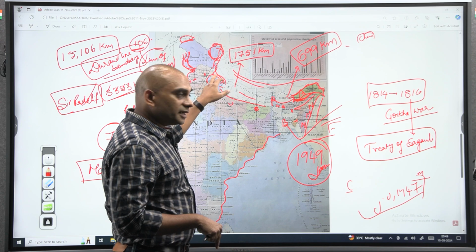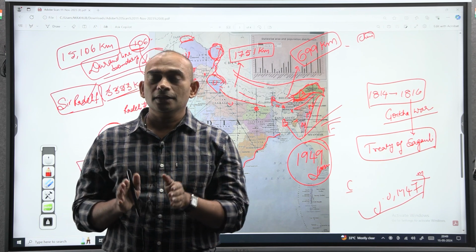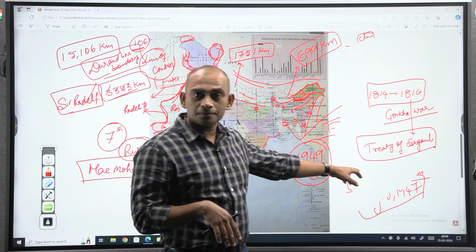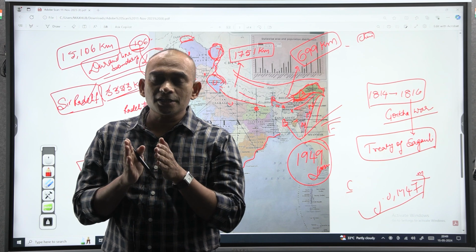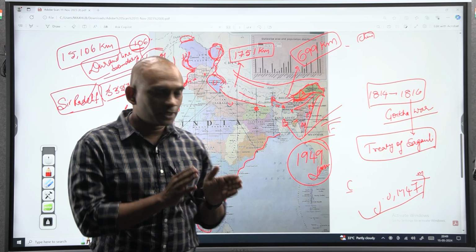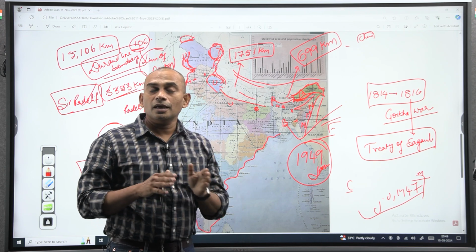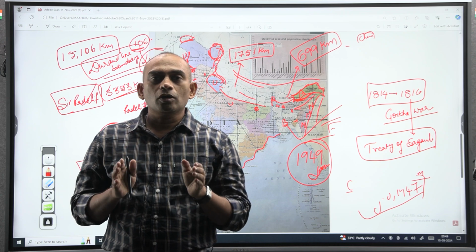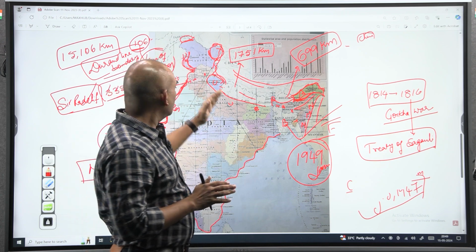This entire region was relinquished by Nepal, but according to this treaty, Nepal claimed the western part of the Kali River.